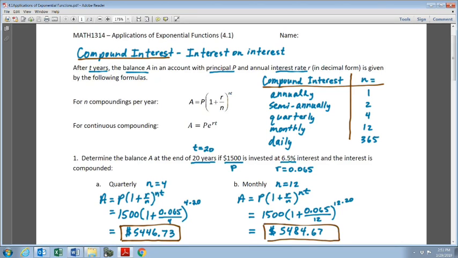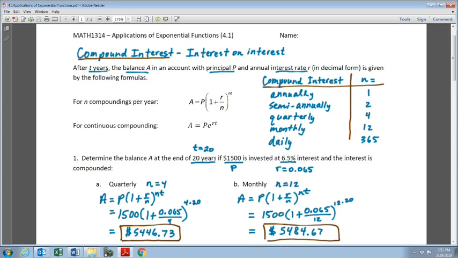So here you should get $5,484.67. So notice whether they're applying the interest quarterly or monthly, it makes some difference over 20 years, but not a significant difference. The more money you're talking about, the bigger deal that would be.